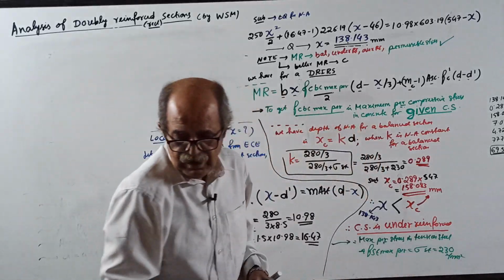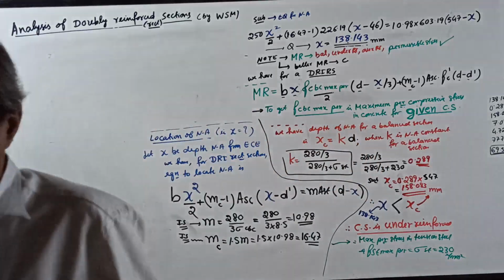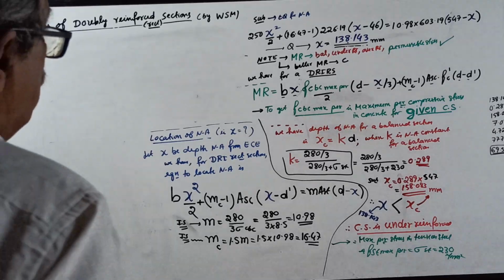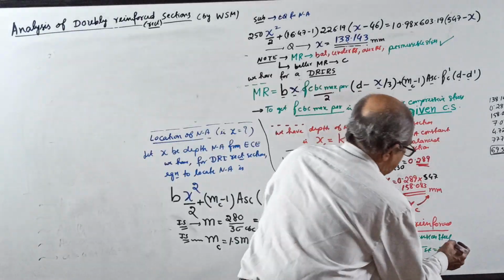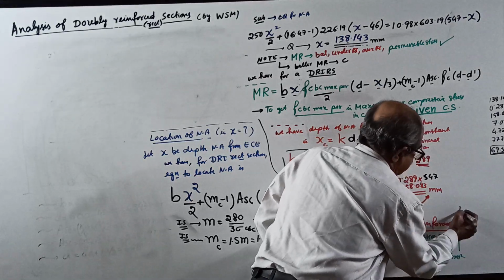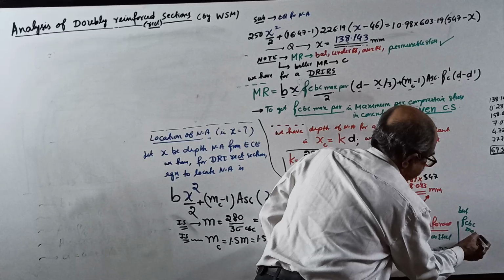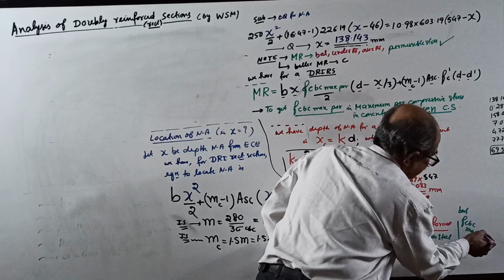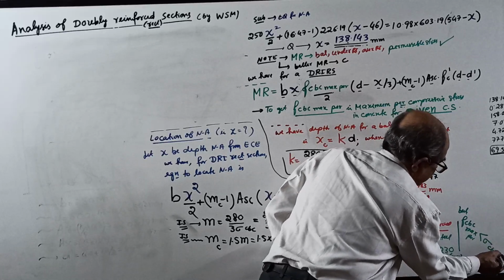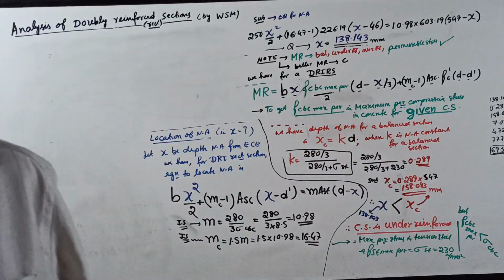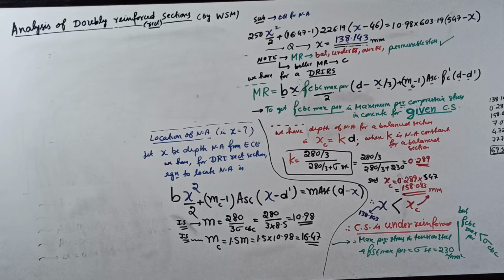Just a minute. I came down very much in the board. Okay, done. But remember, right here, FCBC max permissible is less than sigma CBC. Very, very important. Stress in concrete in compression cannot reach the limit.